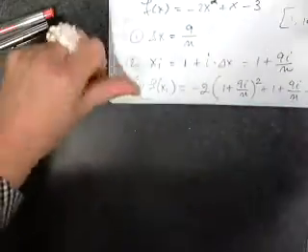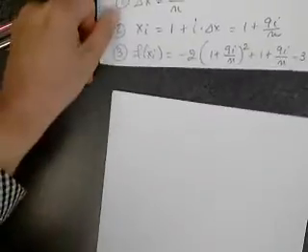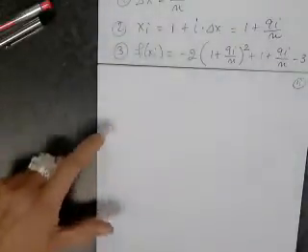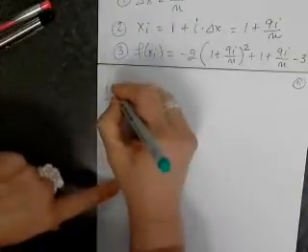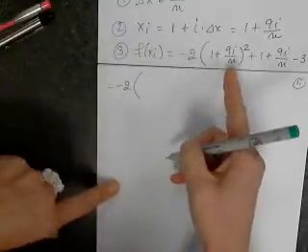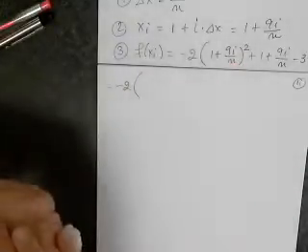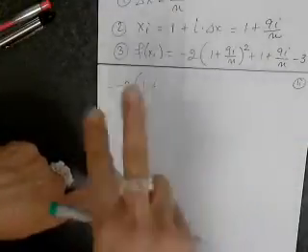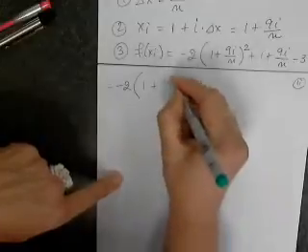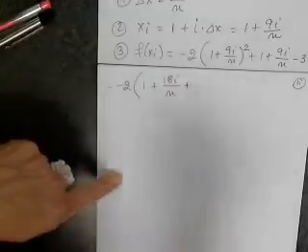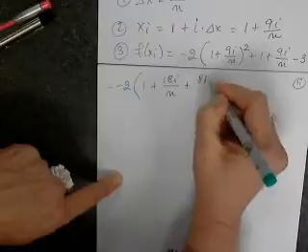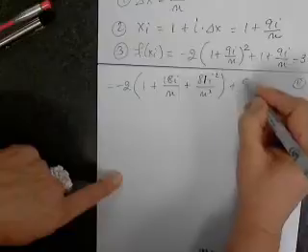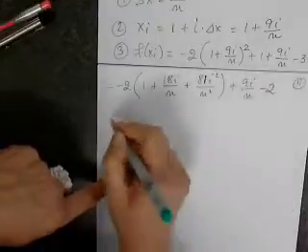I have to simplify this fully before I put it in the limit of the Riemann sum. What will you tell me to do first? I have to square first, right? A binomial. When I square a binomial, what do I get? So 1 plus 2 times the first times the second plus the second term squared, plus 9i over n, minus 2.